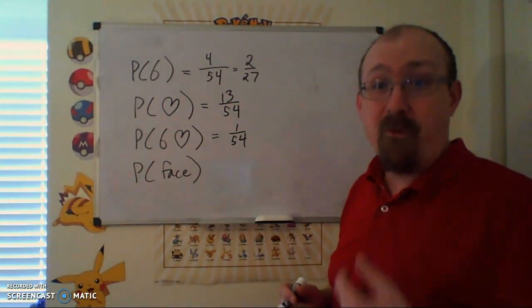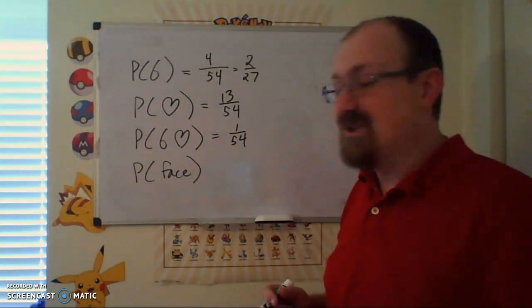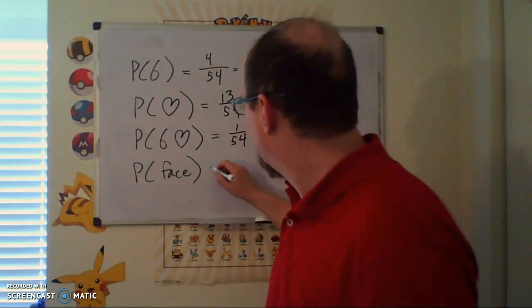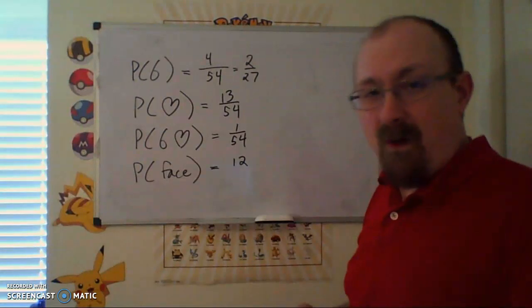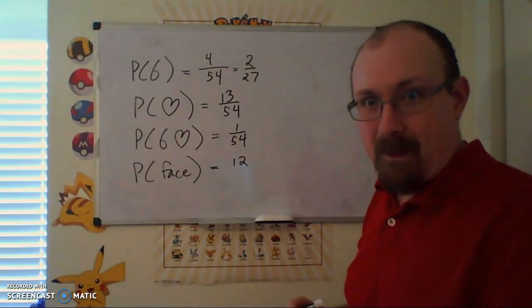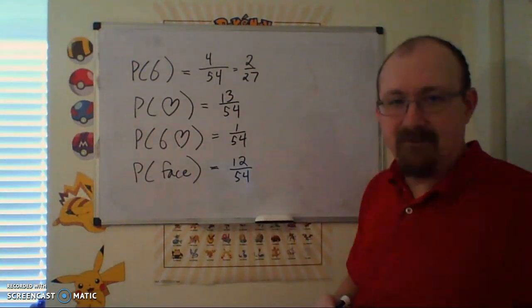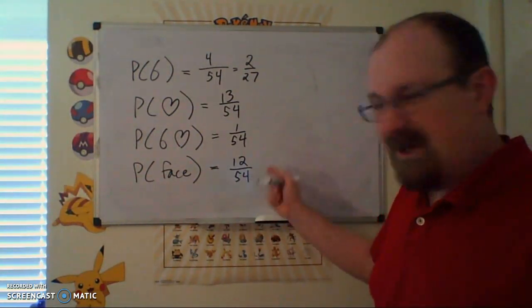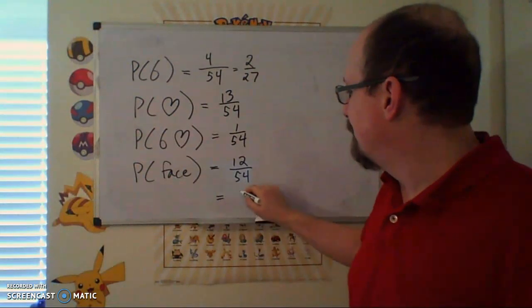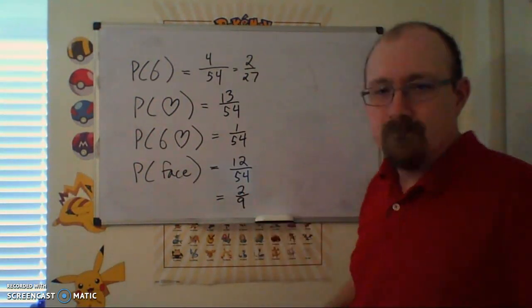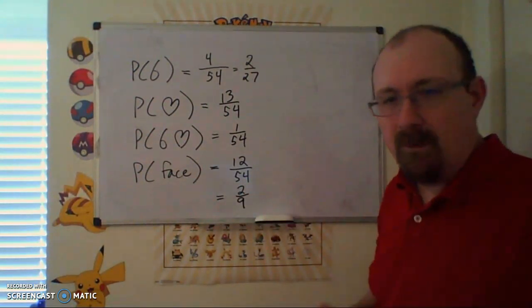Anyway, we just said there are 3 face cards in each suit. So 3 times 4 gives us 12 total outcomes that are in fact a face card, divided by 54. Those are each divisible by 6, so the fraction reduces down to 2 over 9, if you like to report it that way.